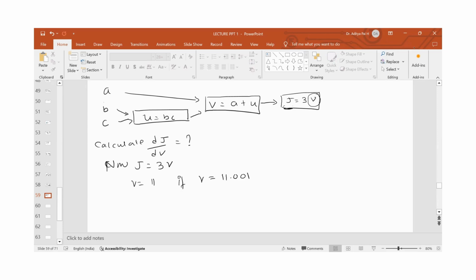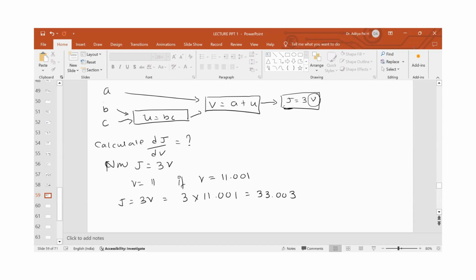Right now, if my V value is changed from 11 to 11.001, then J is equal to 3V, which is 3 into 11.001, which is 33.003.